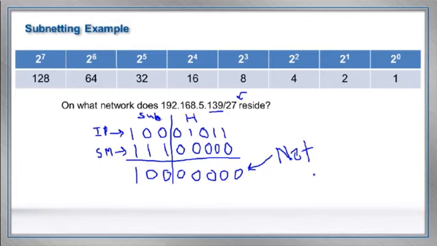Take this and convert it back to decimal, and we have our answer. 192.168.5.139/27 lives on the 192.168.5.128 network. How cool.